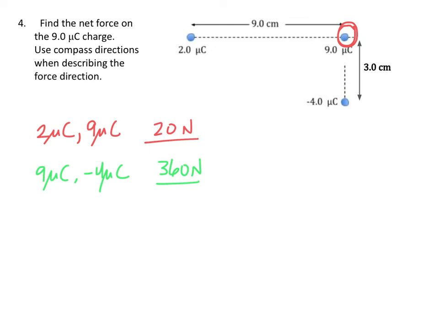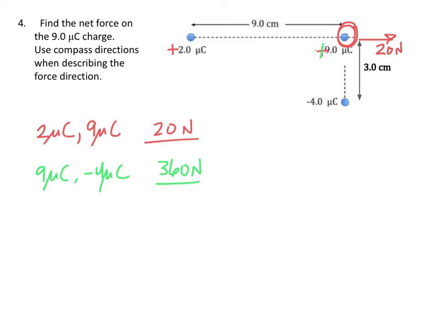Let's look at the 20. So we've got a plus charge and a plus charge. So they're repelling, they're pushing away. I can imagine this red circle moving to the right, getting pushed to the right. Okay, but the other charges, okay, that's an attractive force.